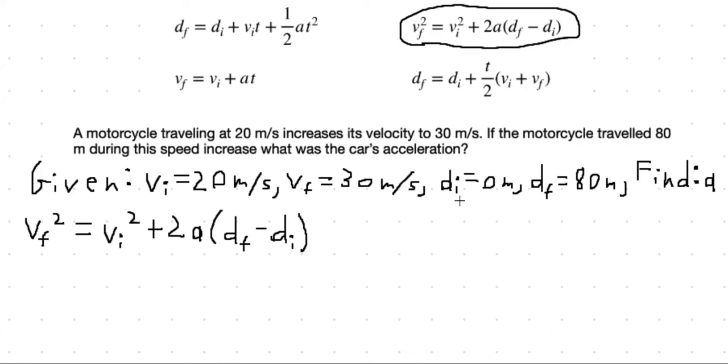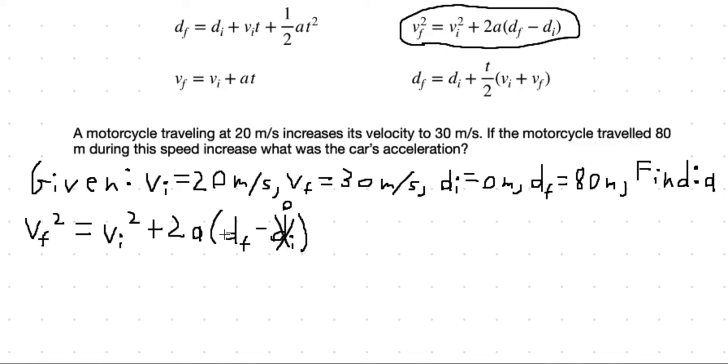So we know the initial position di is 0, so we can just cross it off then. So this variable is 0, and it'll simplify things a little bit then. So the other variables are not 0, so we need to keep those.